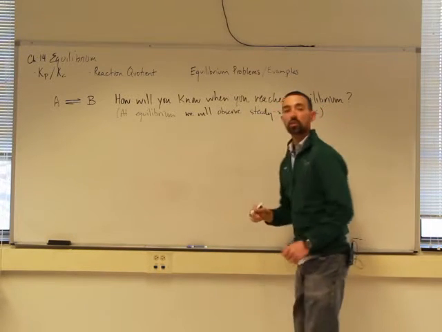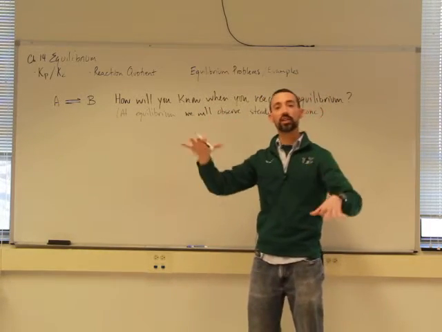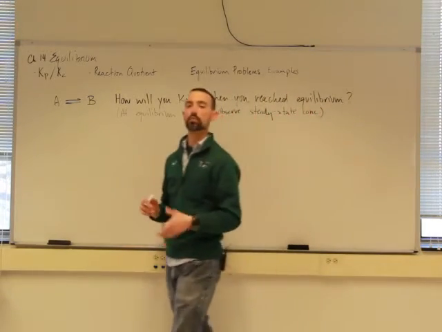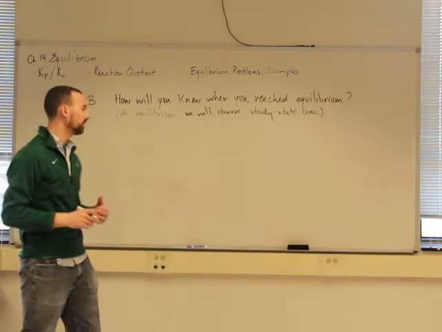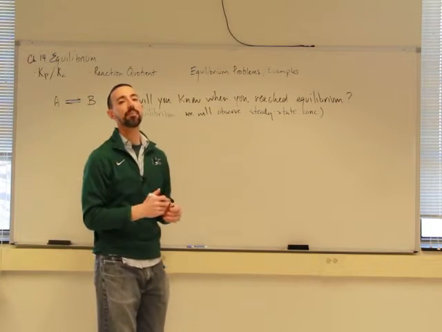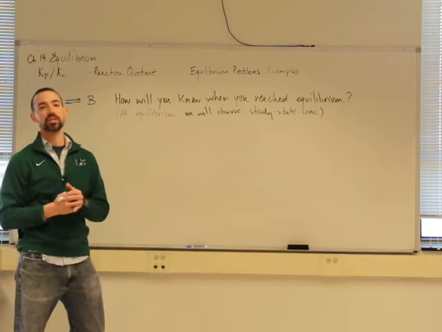Right? The piles of A and the piles of B, they're going to be changing at the start of our reaction up until the point where we reach equilibrium. And so if we can monitor the concentrations, we will see them changing over time. And then when they stop changing, that's when we know we've reached equilibrium.